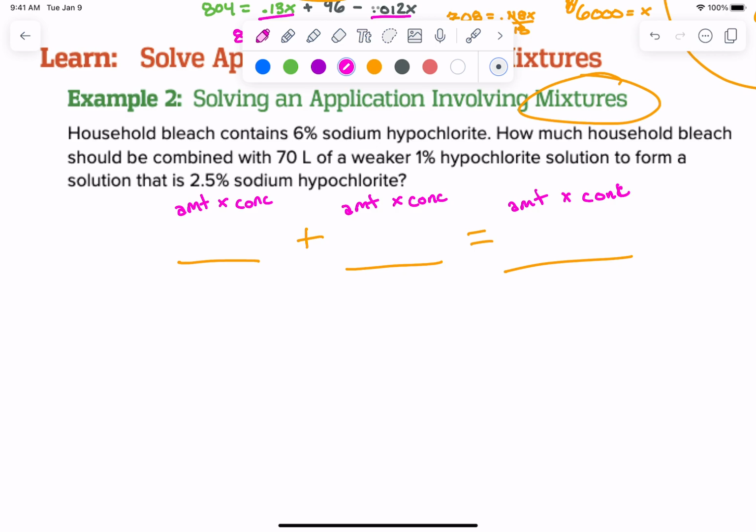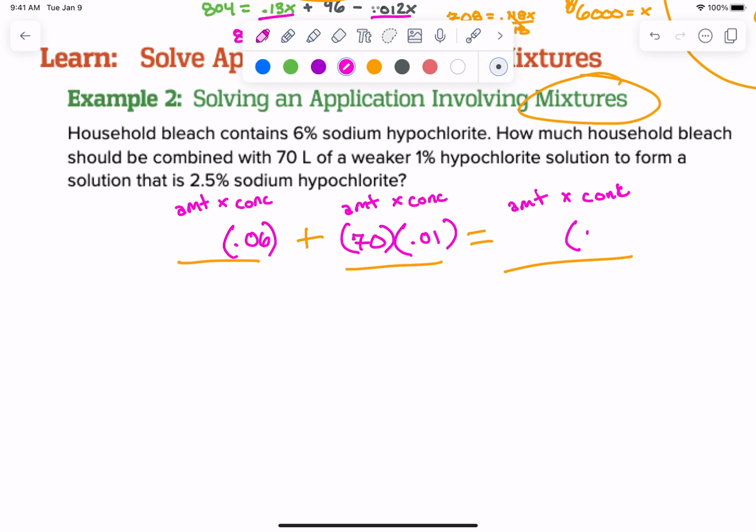Our first concentration is 6%, so I'm going to write it as 0.06. Can I do that? Sure. What's my second concentration? 0.01. And what do I know about it? 70 liters. So I'm going to take that amount times 0.01. What do we know about the total amount? 70 plus X, right?